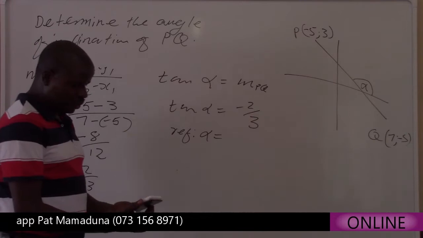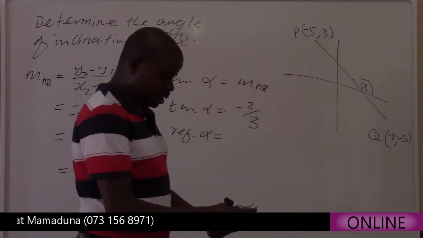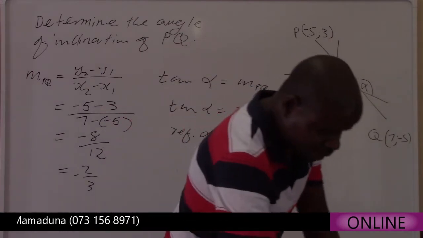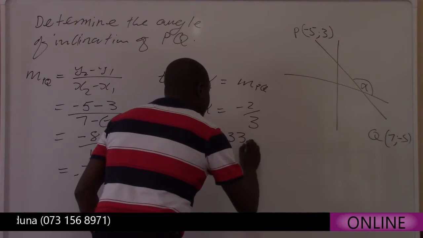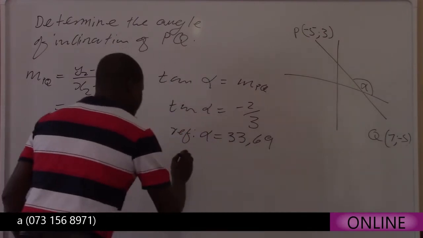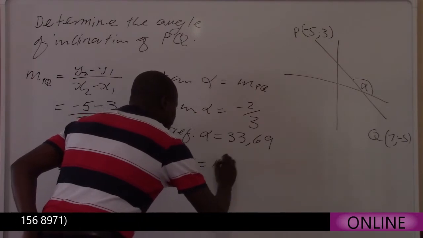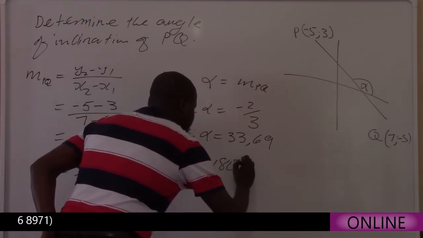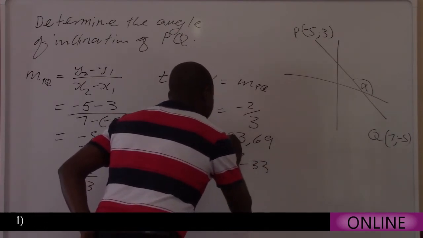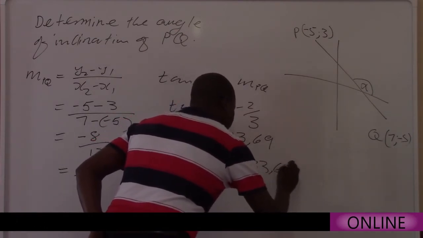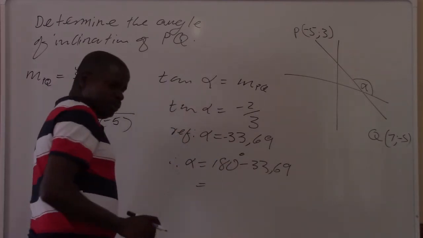So it gives you negative 33,69. So you can write it as 33,69, and now we say therefore the alpha is given by 180 degrees minus 33,69.